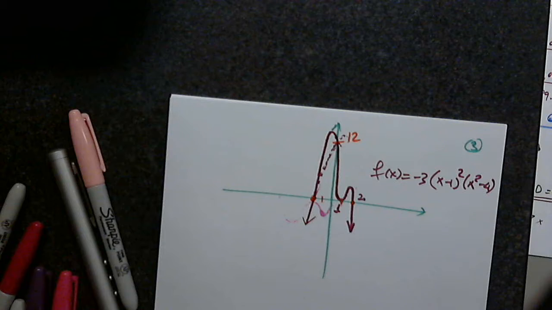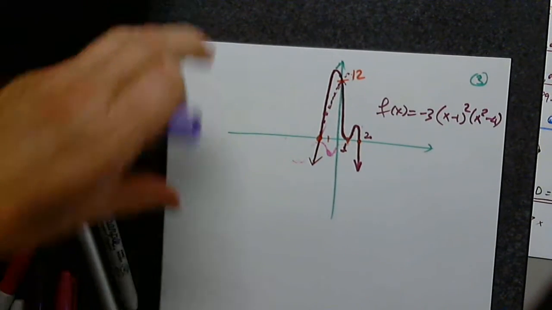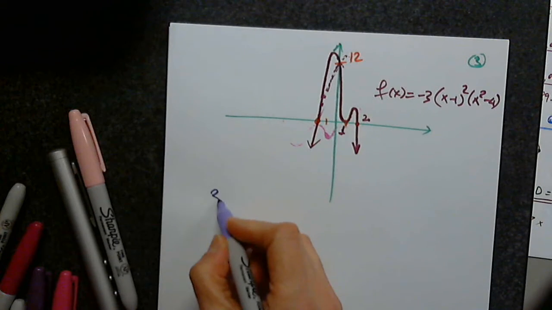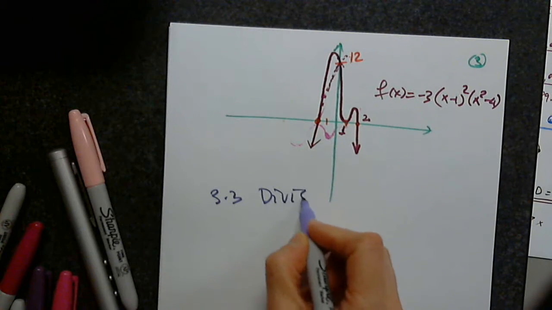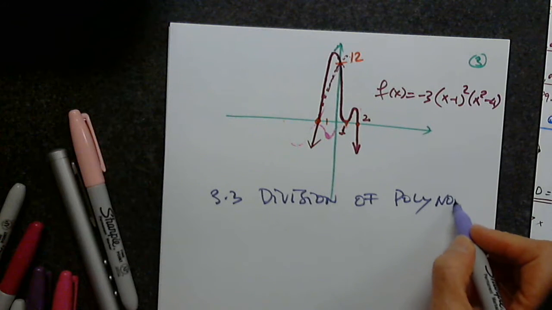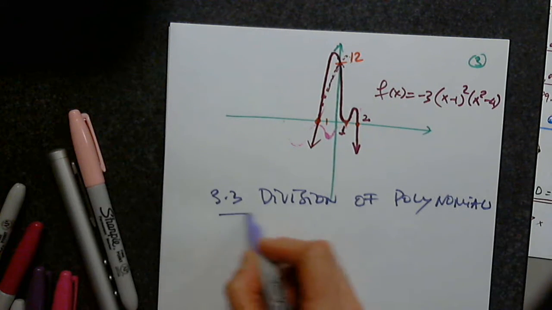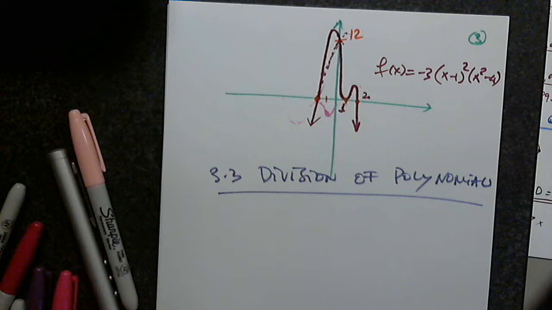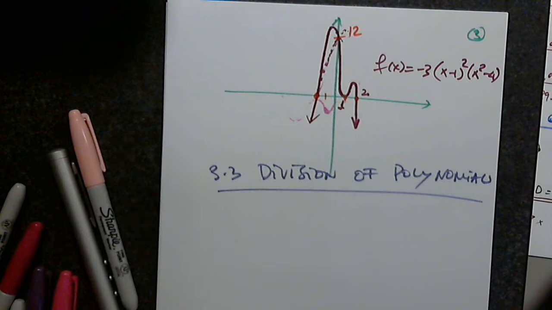Okay, the next section, 3.3, is a complete review from a previous class, but I'm going to go over it. So 3.3, division of polynomials. This is preparation for what follows in the last section of this chapter.